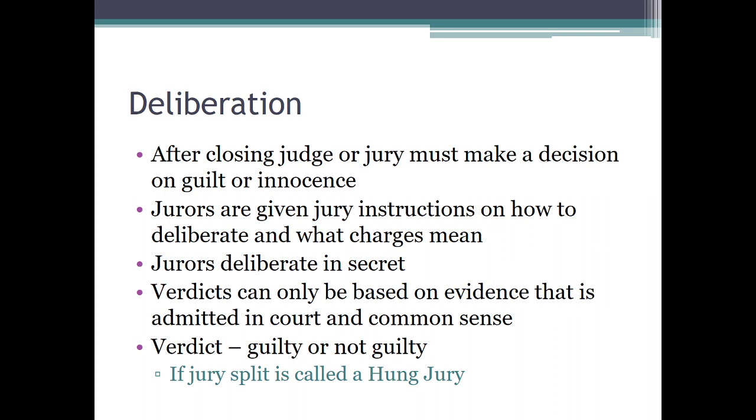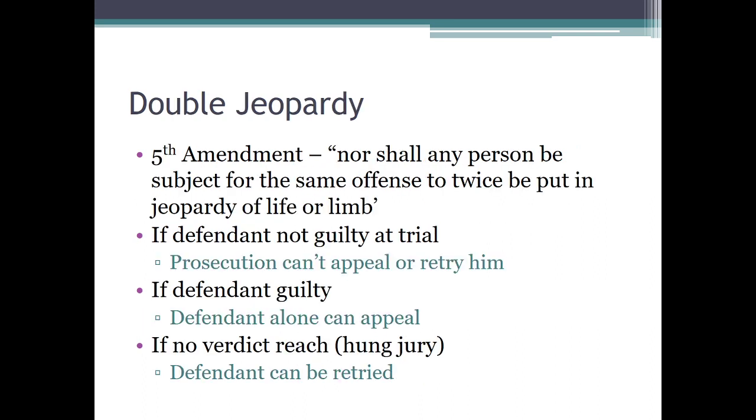At that point, they come back, they tell the judge, the judge dismisses them, you can have another trial, and double jeopardy does not apply there. Double jeopardy is the idea that you can't be tried twice for the same crime.